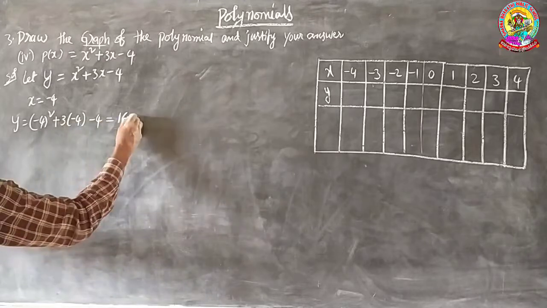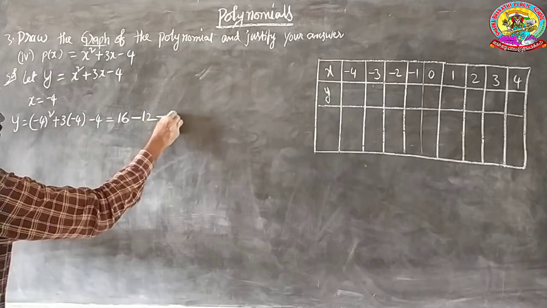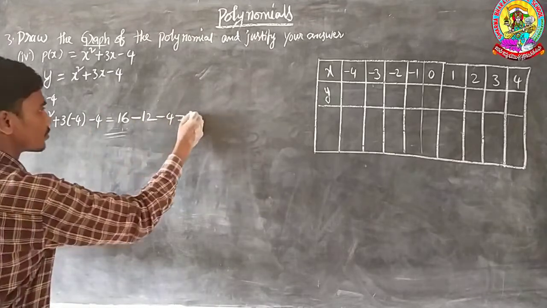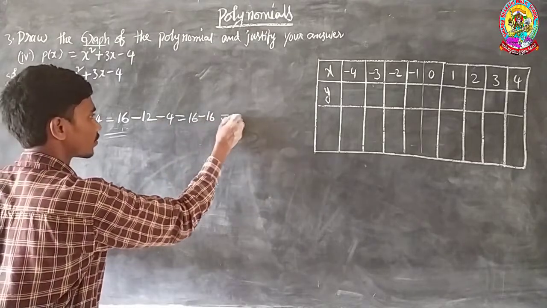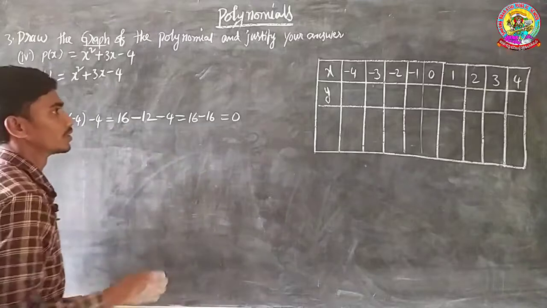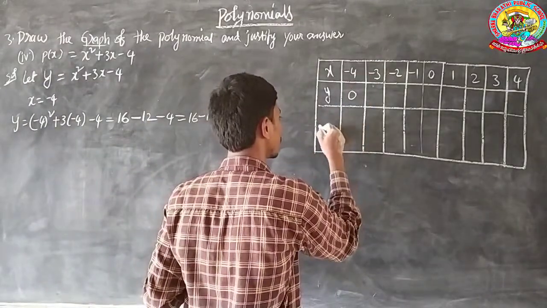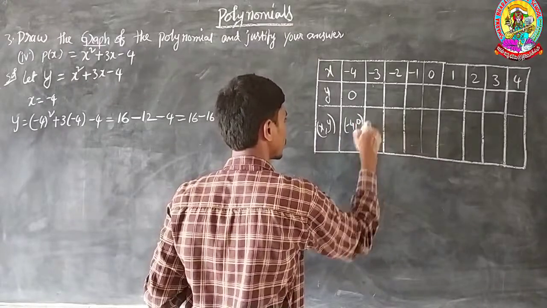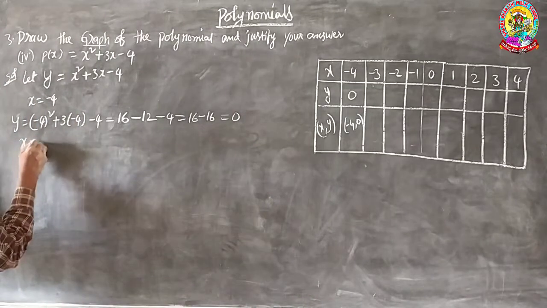Minus into plus, minus 3 4s are 12, minus 4. 16 minus 12 minus 4, minus 16 is equal to 0. So x equal to minus 4, y is equal to 0. The point is like this, minus 4 comma 0. Next, x is equal to minus 3.